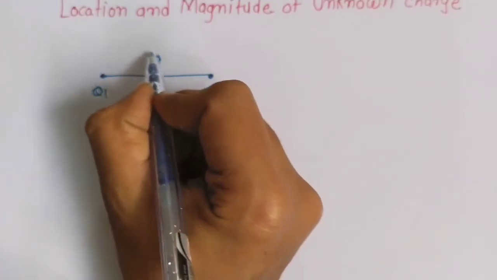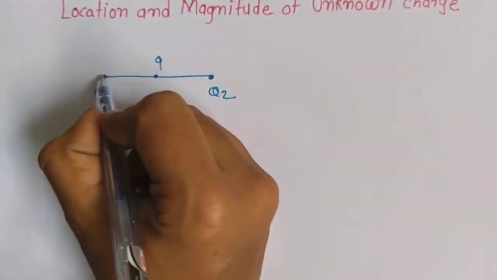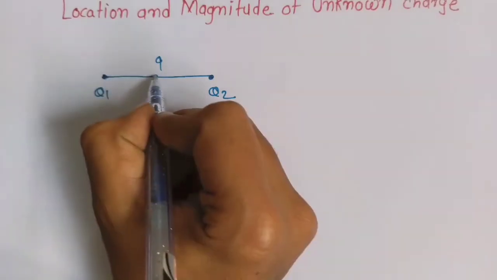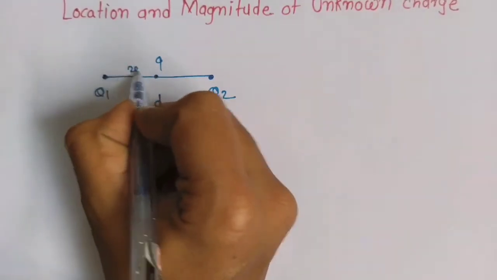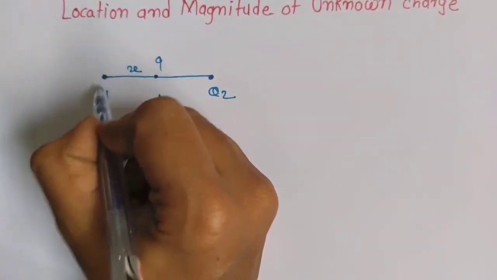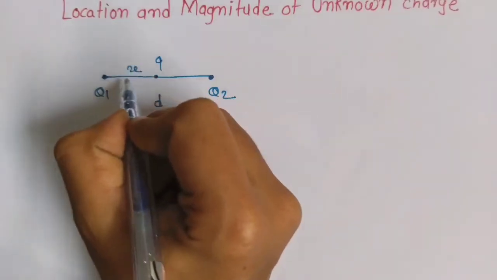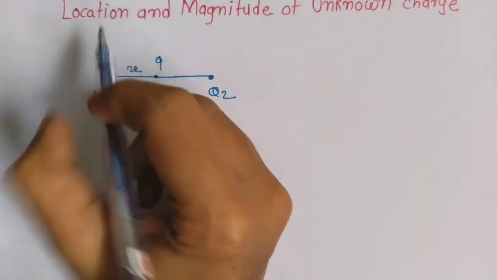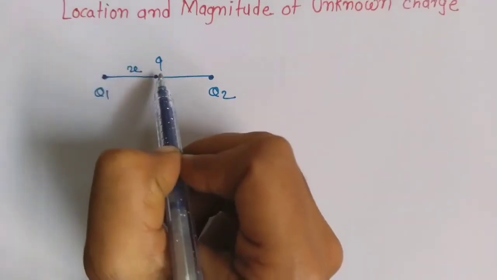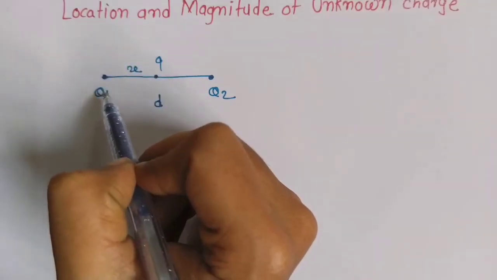Suppose this charge Q is at a distance x from charge Q1. We have to find this x value, which is the location of charge Q from charge Q1.